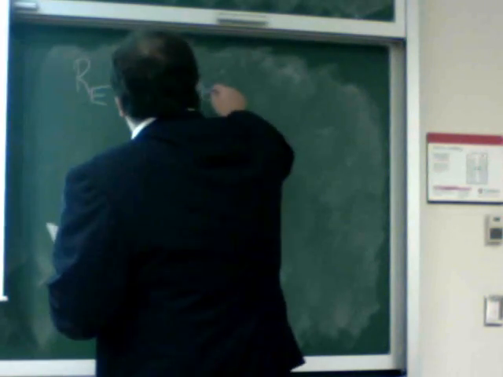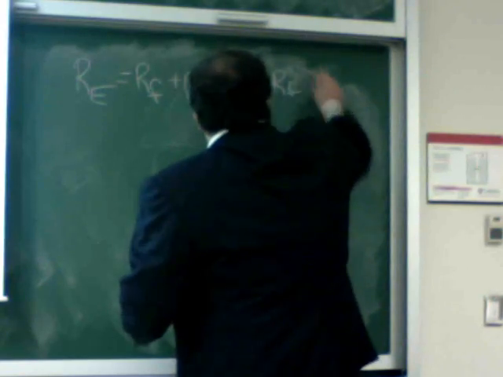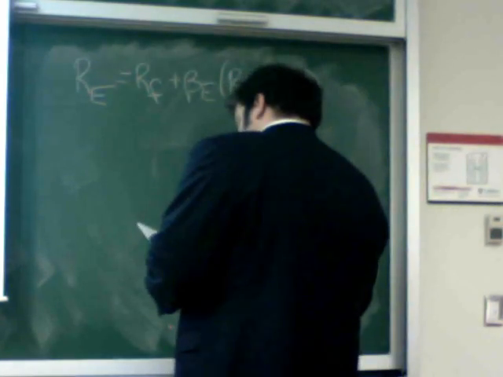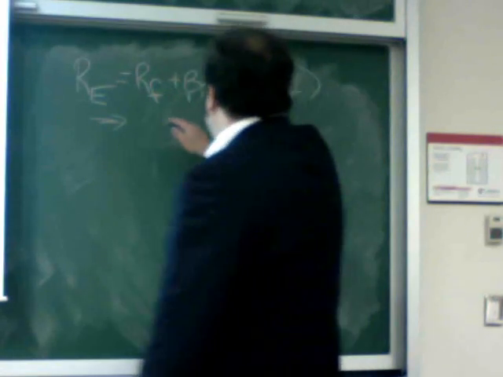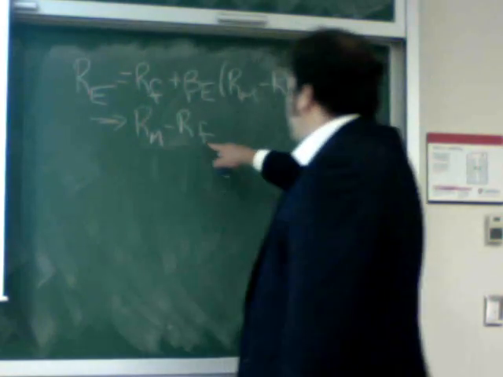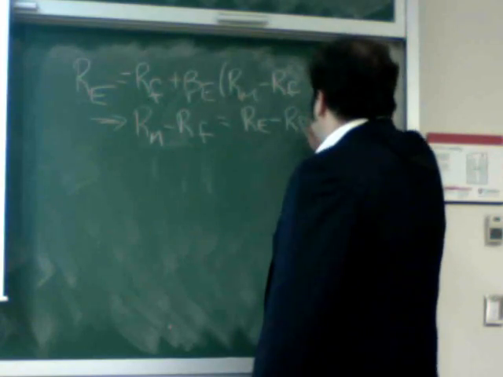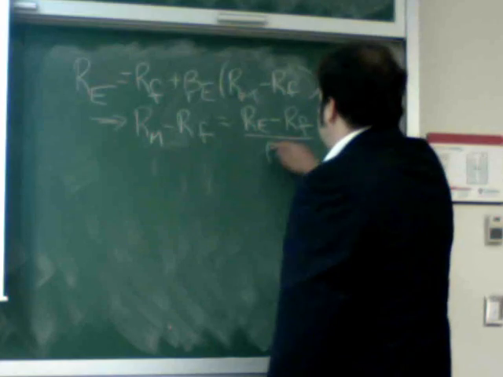So this is the equation for the CAPM. So this is for the overall company. You can rewrite this as: the equity risk premium is the spread of the cost of equity above the risk-free rate divided by the beta.